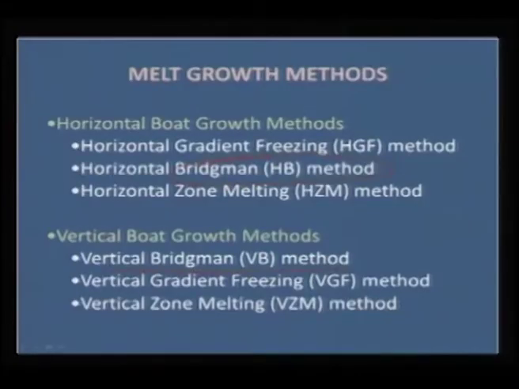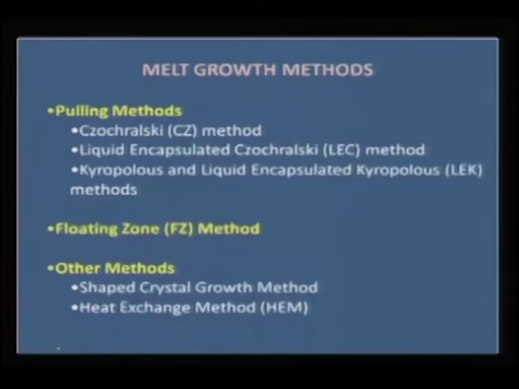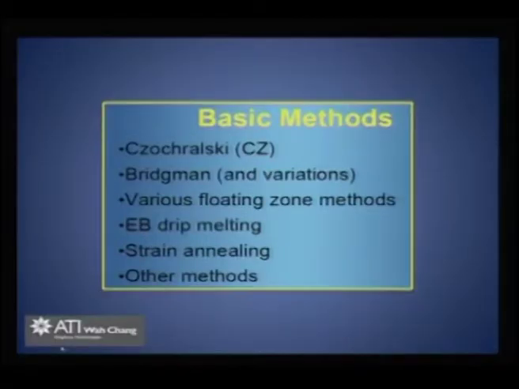We can also have the zone melting technique, which can be in a horizontal mode or in a vertical mode. We will come to this schematically, then we can understand what exactly we mean by that. And then we have pulling techniques, which is usually the Czochralski method, and then floating zone methods are there. We will look at these one by one.